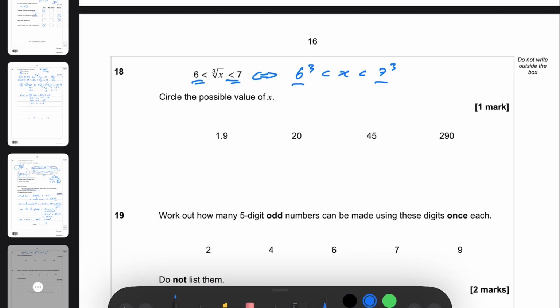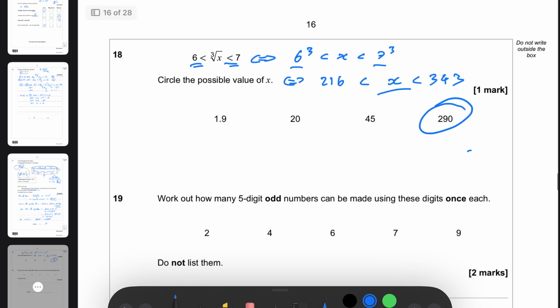So 6 cubed is 6 times 6 is 36, times 6 is 216, smaller than x, smaller than 7 times 7 is 49, times 7 is 343. So we can really easily tell which value falls in here, and it's 290.